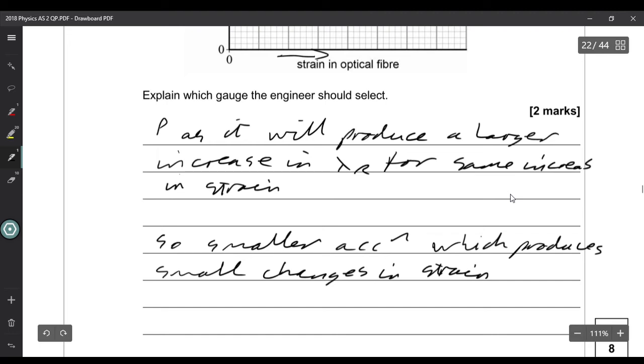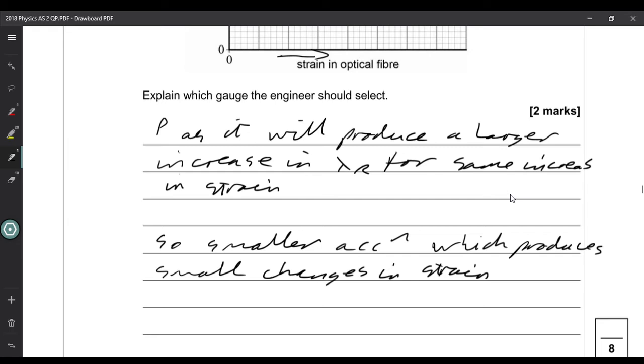Again, what we're doing here is linking the information that we're given in the question about small acceleration to the information on the graph, i.e. small changes in strain. You can't just assume that by saying small acceleration it's going to produce larger changes in lambda. We've got to link that with the information we've been given and say smaller changes in acceleration produce small changes in strain.